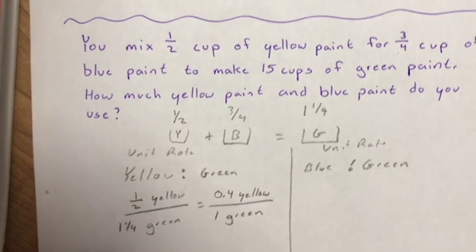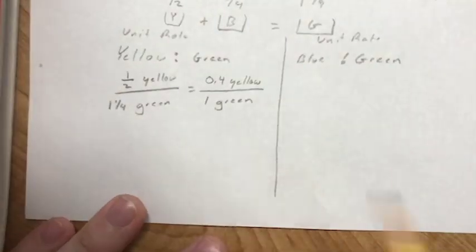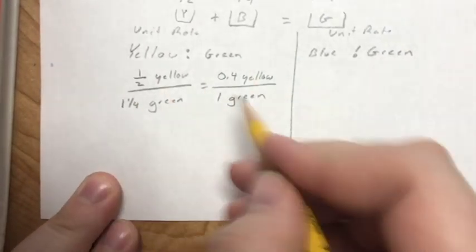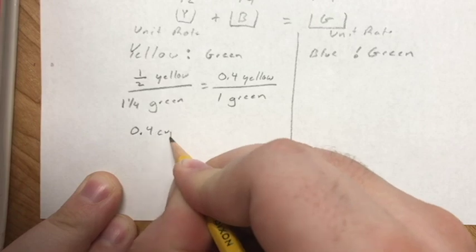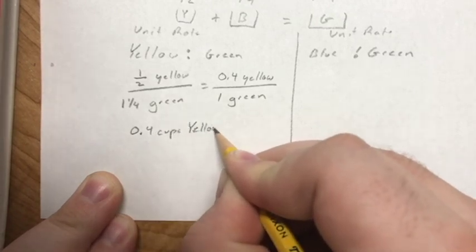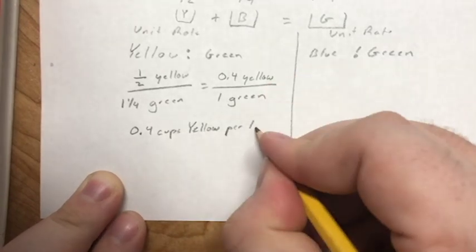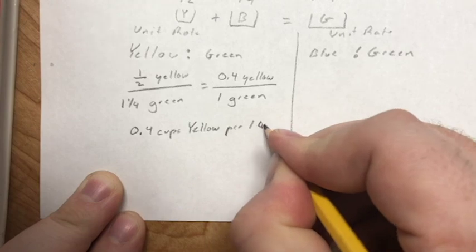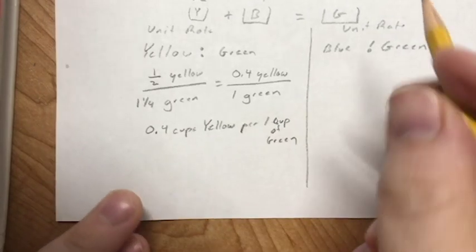All right. Now, here's the thing. Do I want 1 cup? So what I've done is I found that 0.4 cups of yellow, I'm kind of running out of room, per 1 cup of green. Sorry about running out of room.